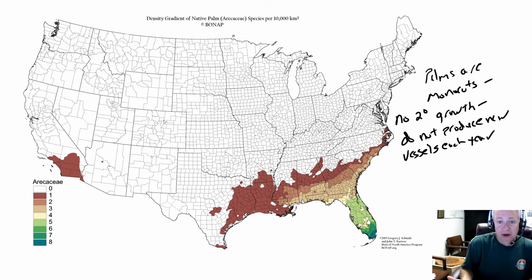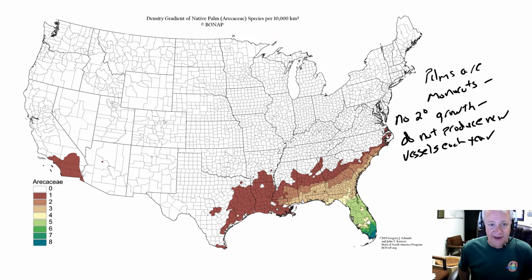But so do oaks and elms, and they live in places that freeze. But oaks and elms are dicots, and they produce new xylem every year. So they can replace cavitated vessels after the winter by growing new vessels. And a lot of those dicot angiosperms are also deciduous, so they just don't transpire during the winter.